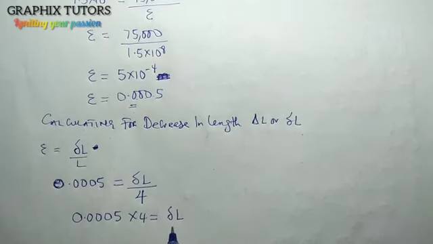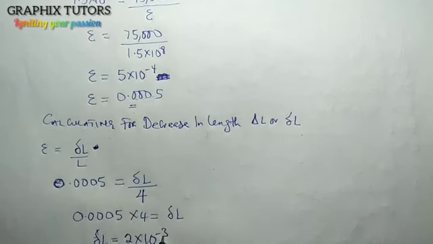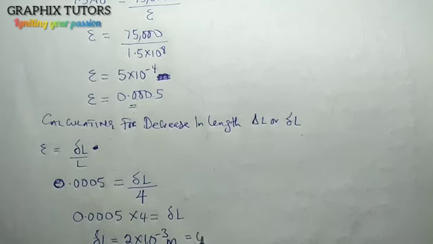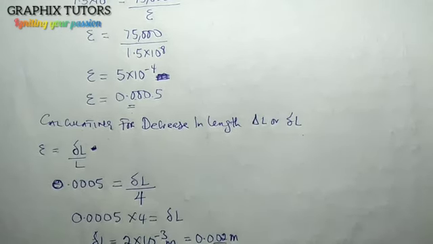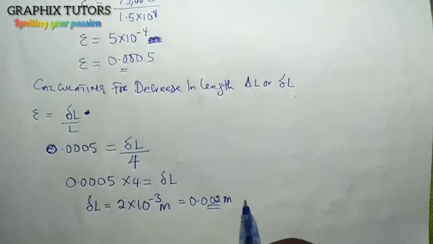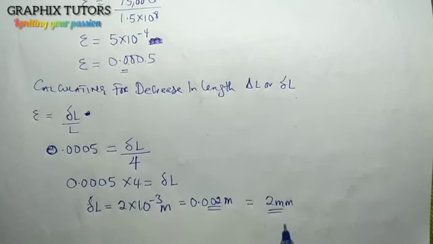If I multiply it by 4, delta L will give me 2 times 10 to the power minus 3 meters, which is also 0.002 meters. In millimeters, it will be equal to 2 millimeters. So any of the two.